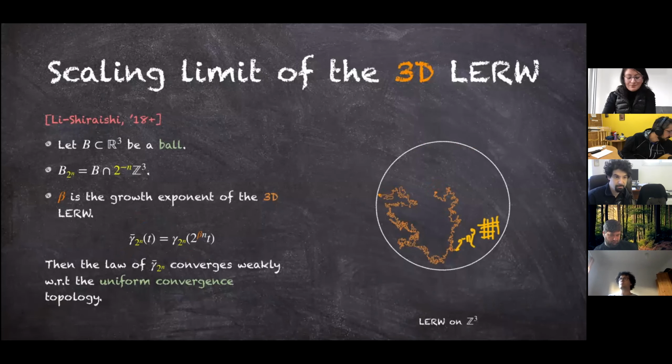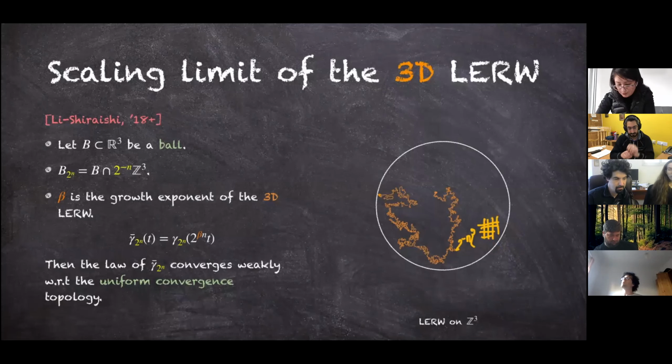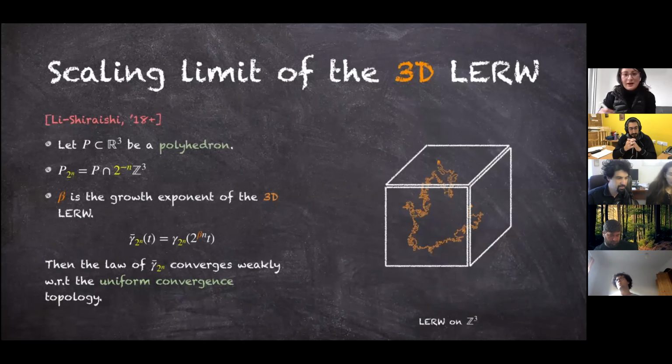So the law of this random path, the theorem is that it converges weakly with respect to the uniform convergence as the lattice spacing 2 to the minus n goes to 0, that is, as n goes to infinity. And this is a ball, but it can also be proved for a polyhedron as long as the boundary is regular. So these are the state of the art for the scaling limits of three-dimensional loop-erased random walks. And that's what we use to upgrade from a loop-erased random walk to the full tree.